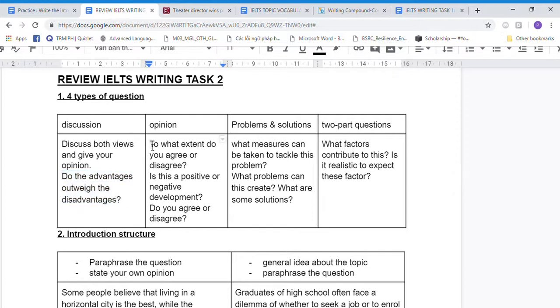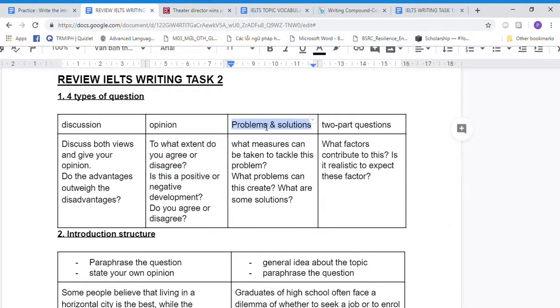If they ask, to what extent do you agree or disagree? Is this a positive or negative development, or do you agree or disagree? These question is to ask your opinion, so it is in the opinion type of question.